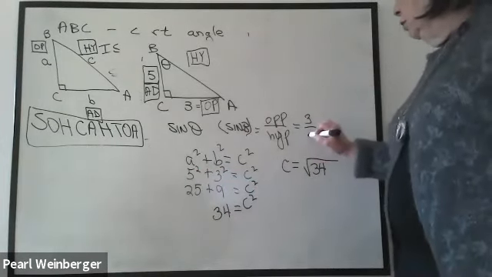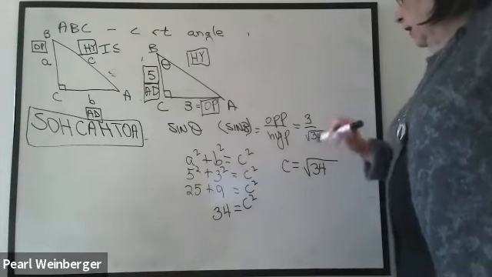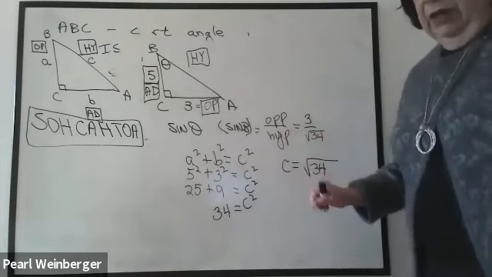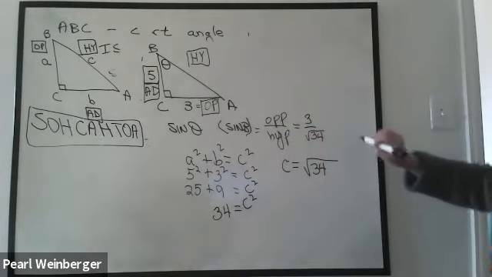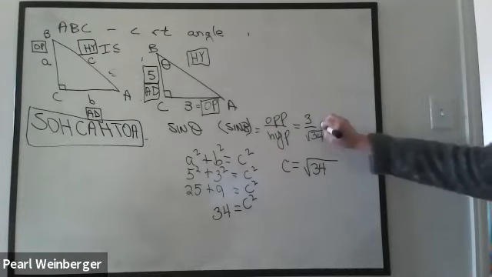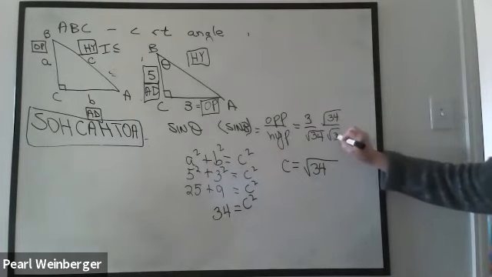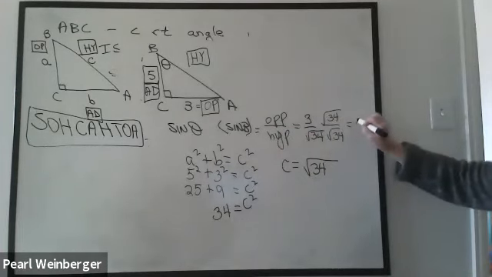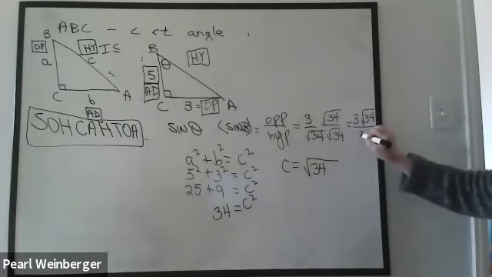So this becomes 3 over the square root of 34. Again, if they want it rationalized, we'd have to multiply by the square root of 34 over the square root of 34 to get 3 radical 34 over 34.